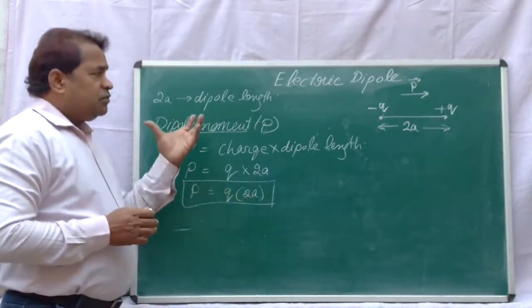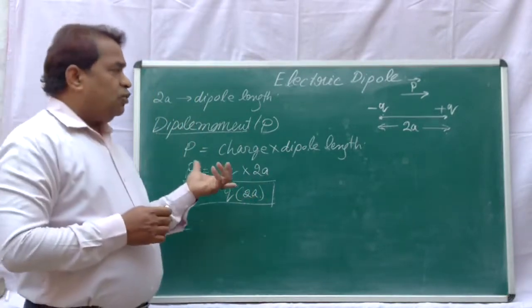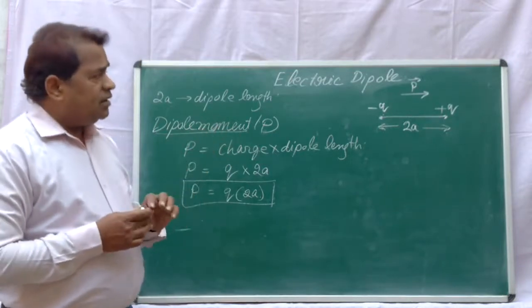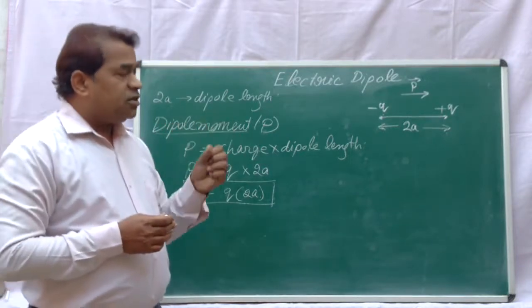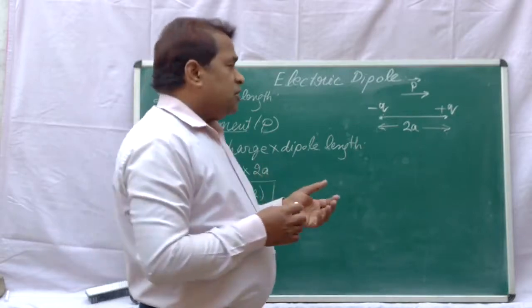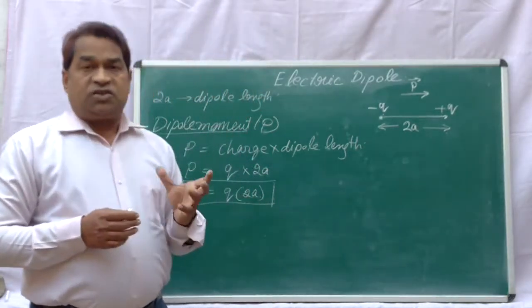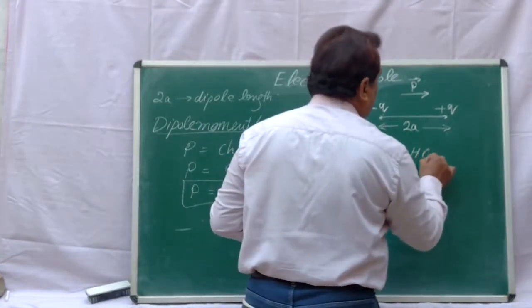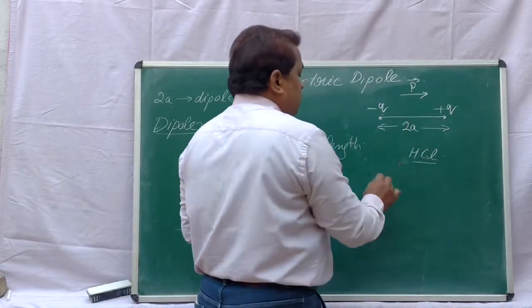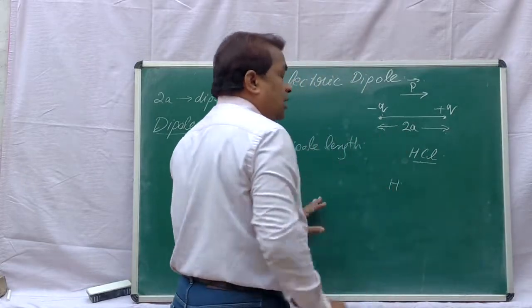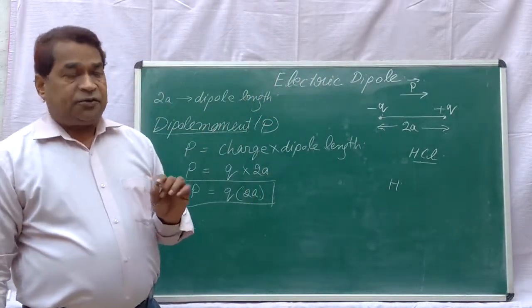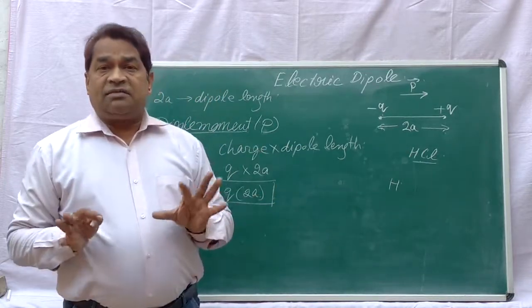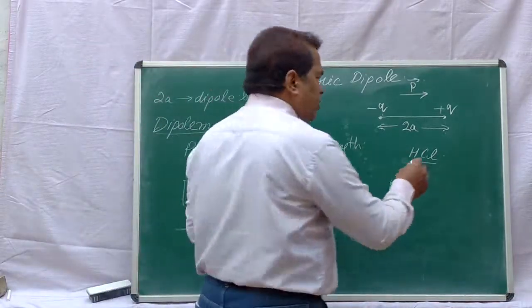Okay, so this was the introduction of the electric dipole, and now let us see how a dipole is formed in daily life. Let us see the example of the HCl molecule. Suppose we have a hydrochloric acid molecule. Hydrogen has one electron in its outer orbit, while chlorine has 7 electrons in its outer orbit.